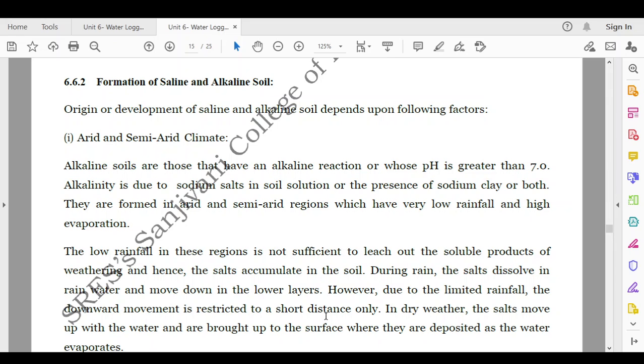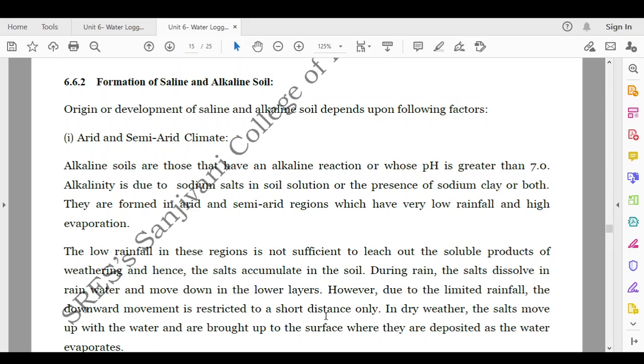Origin or development of saline and alkaline soil depends upon the following factors. First is arid and semi-arid climate. Alkaline soils are those that have an alkaline reaction or whose pH is greater than 7. Alkalinity is due to sodium salts in soil solution or the presence of sodium clay or both.